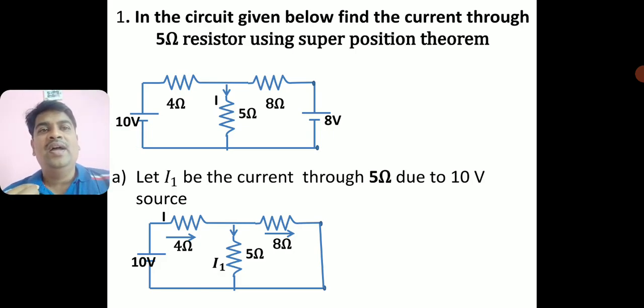Alright, I will go according to the superposition theorem. First, I will consider only the 10 volt battery. I have removed the 8 volt battery and short circuited the terminal.